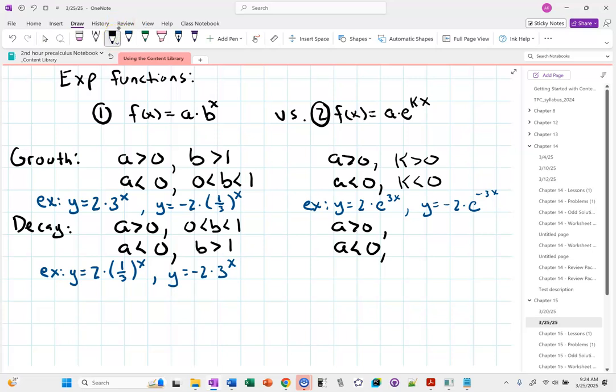And then for decay, if a is positive, then k needs to be negative. Or if a is negative, then k needs to be positive. So y equals 2 times e to the negative 3x, and y equals negative 2 times e to the positive 3x are both examples of decay. Everybody's okay with this?